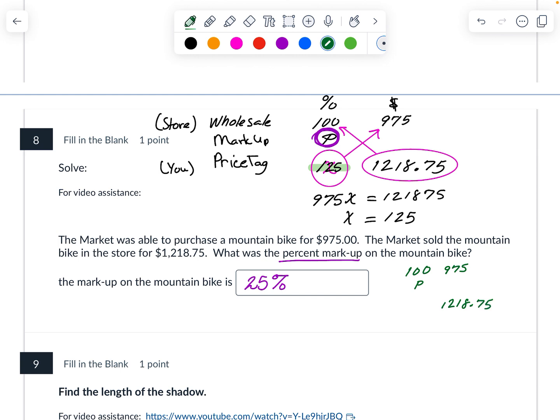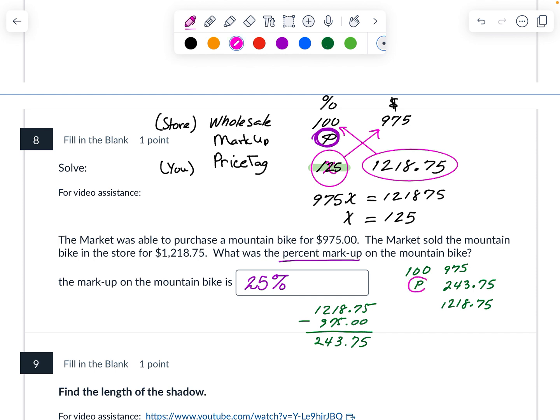What I did was I took the 1218.75 and I subtracted what they paid for it. That's a 5, that's a 7. 8 minus 5 is 3. 11 minus 7 is 4. 11 minus 9 is 2. So I figured out that this number was $243.75.